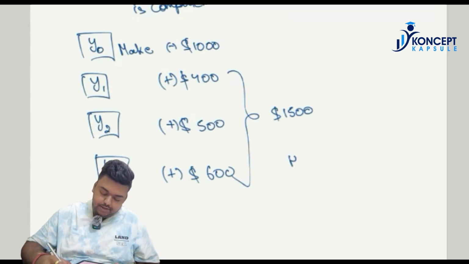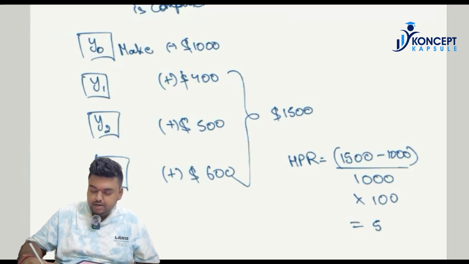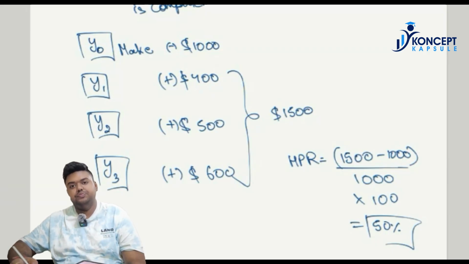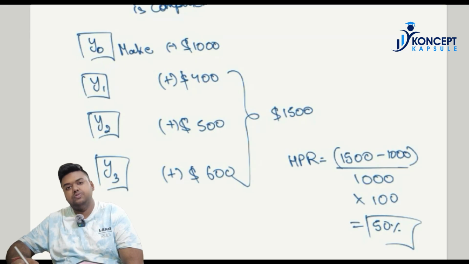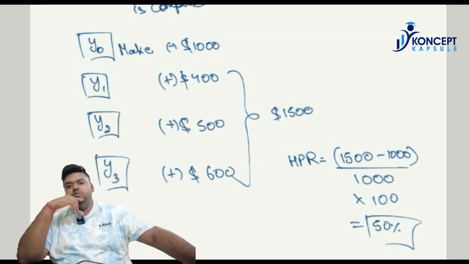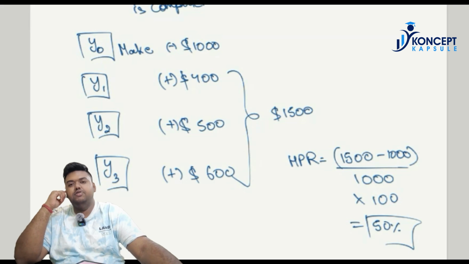What your holding period return will compute is that it will be 1,500 minus 1,000 into 100. So you will say your holding period return is 50%. Why? We will say intermediate cash flows divided by the initial value. Correct? Can we say that our holding period return is 50%?